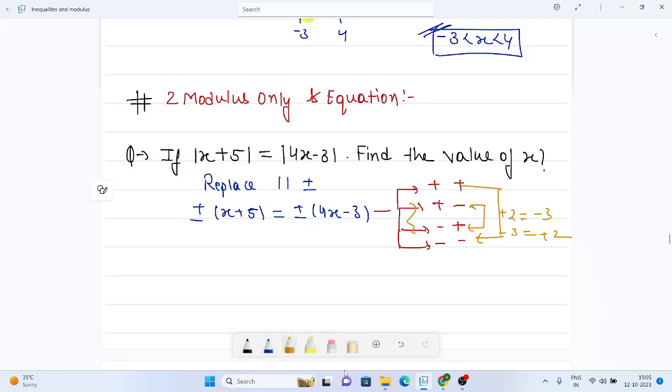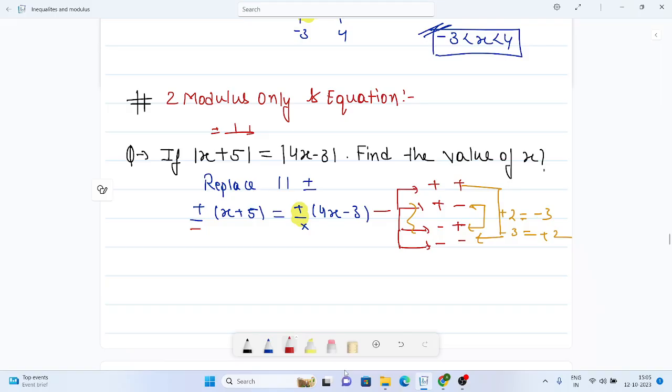You have to remove this plus minus, and on any of the sides, either you write plus minus x plus 5 equal to 4x minus 3, or x plus 5 equal to plus minus 4x minus 3. But if you follow the same one, you replace this as plus minus.